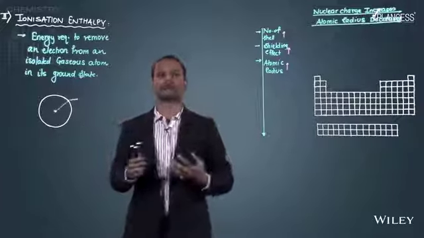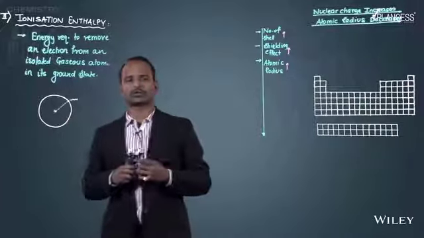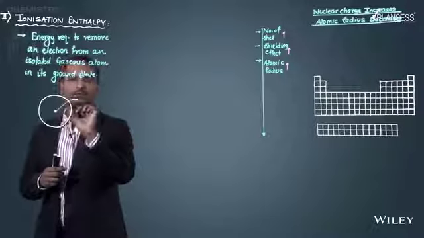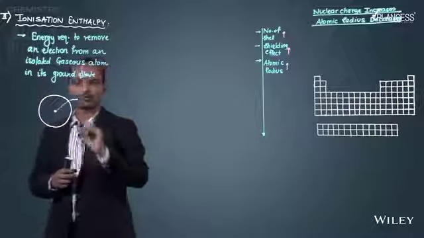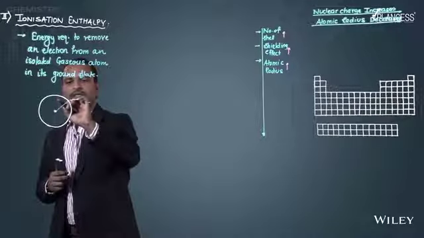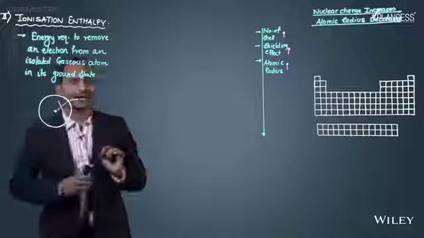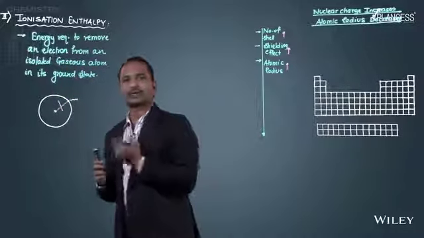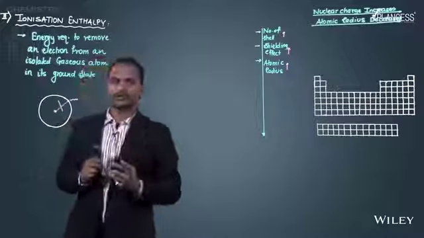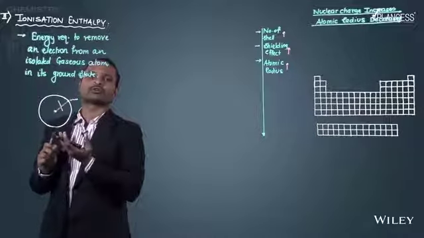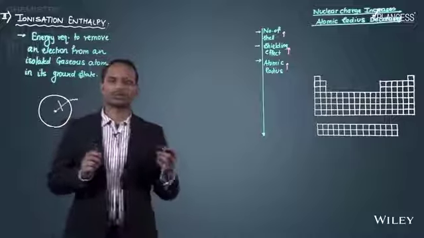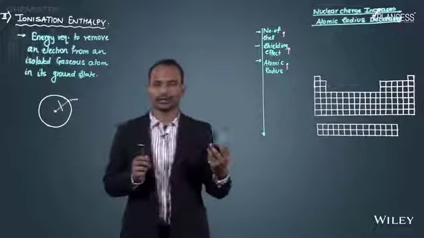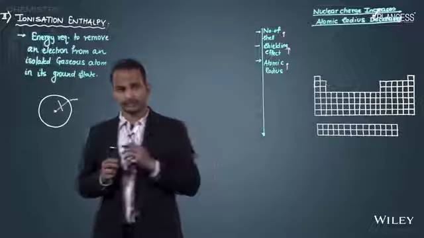So first, to remove the electron from the outermost shell, we have to break this force of attraction between the nucleus and the electron. An attraction can be broken only after supplying some amount of energy. So we supply some energy, the electron absorbs it, breaks that attraction and comes out of the outermost shell.